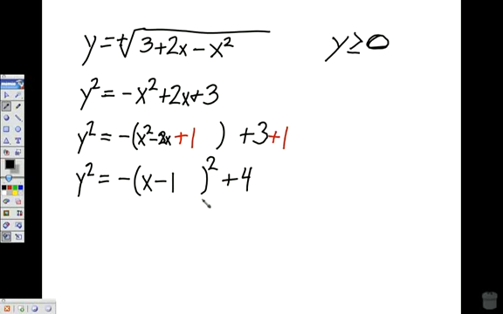Now that we know that, I'm going to add the x minus 1 squared over to the other side. And look at that. That right there should look a little familiar to us.